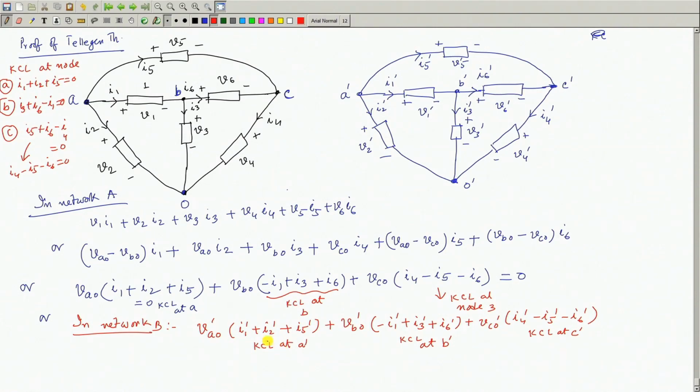So, this will once again be V A into 0. So, these bracketed terms are all zeros. So, this will also be equal to 0, that is, the power balance will take place separately in each network. That is the whole idea.